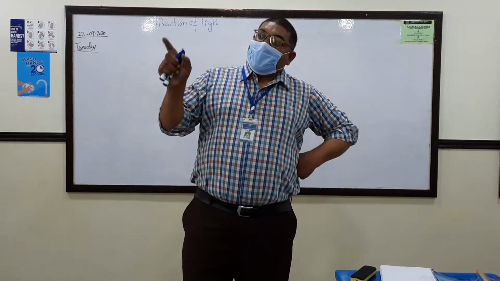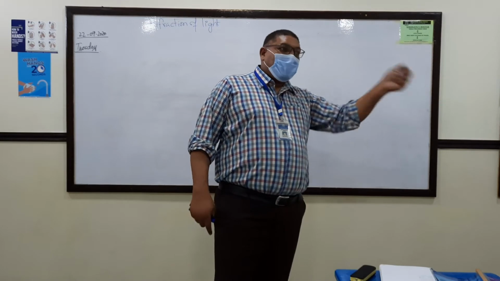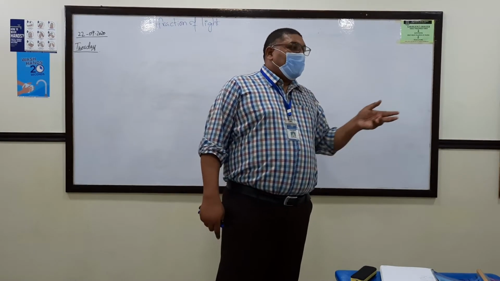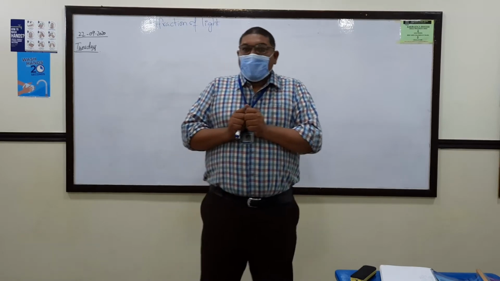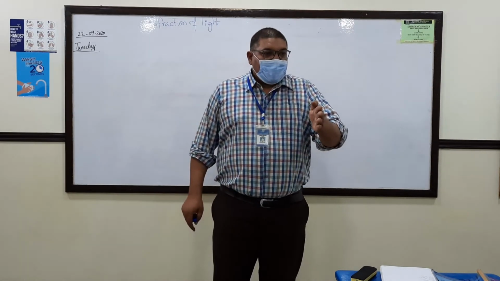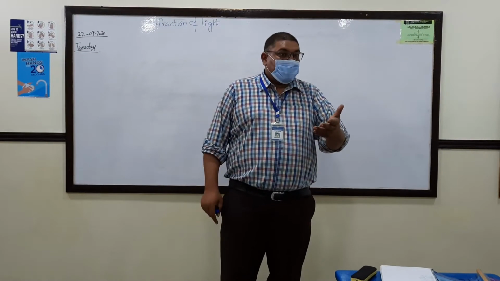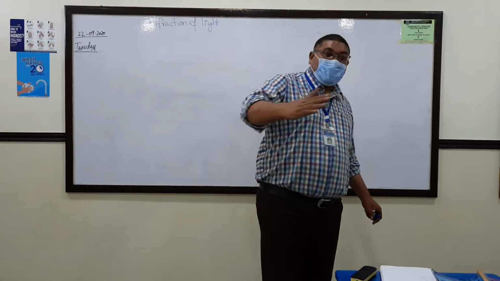You see, when light travels and it enters from one medium into another medium, the path of the light might change. The direction of the light might change. For example, if the light is going straight, it might bend a little bit towards this when it entered into another medium. For example, if the light is going this way, it might bend and it goes in this way.